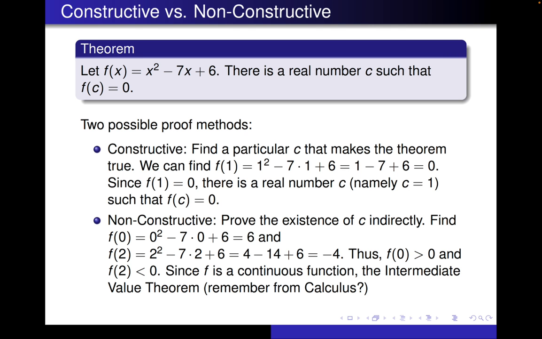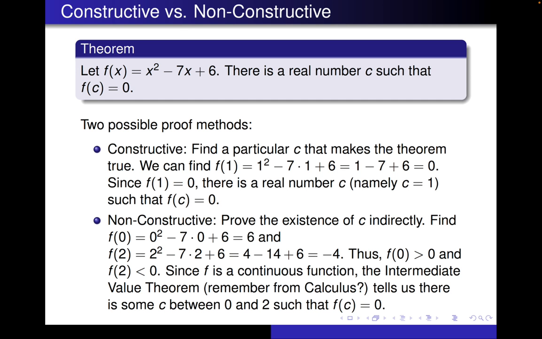The intermediate value theorem says since there is one value that's positive and another one that's negative, there is some c between those inputs, between 0 and 2, such that f of c equals 0. Notice that we figured out there is a number without actually finding what the number is. So that's an example of a non-constructive way of proving things. We didn't actually find the number, we just showed indirectly that there is such a number.